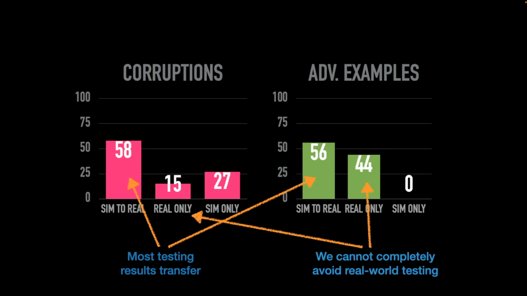But unfortunately, for some configurations, the outcome of the physical platform, which is the one that has the main interest for us, was only observable during real-world physical testing. So we cannot completely rely on the simulation platform.